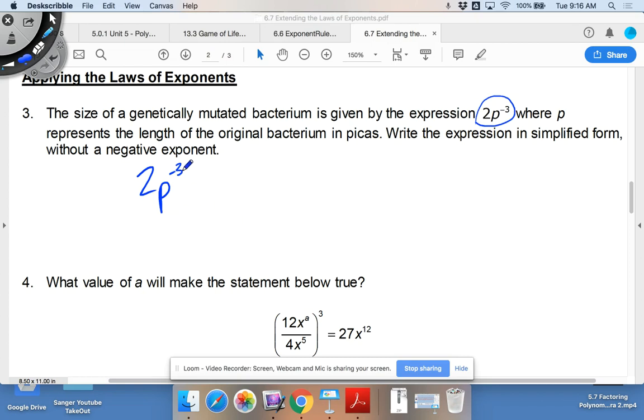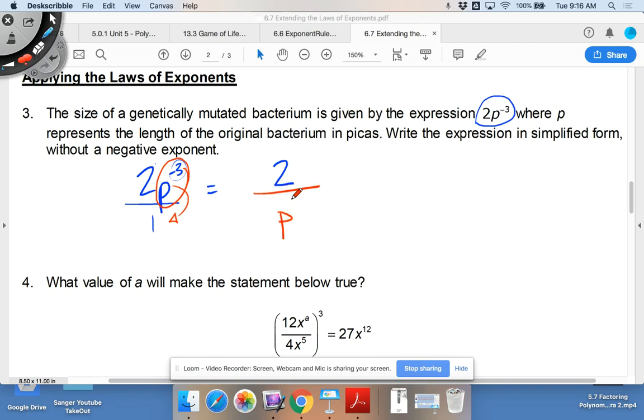So question, that negative 3, who does that belong to? The p. So the 2 doesn't have a negative exponent. It actually has an exponent of 1. So the 2 gets to stay up top. And you have to remember, everything is always over 1, even though we don't always write it over 1. So the p to the third, in order to make it a positive exponent, we're going to put it on the other side of the fraction bar.